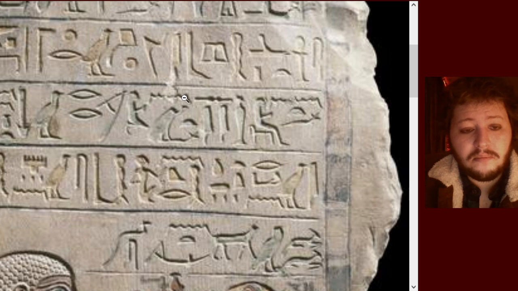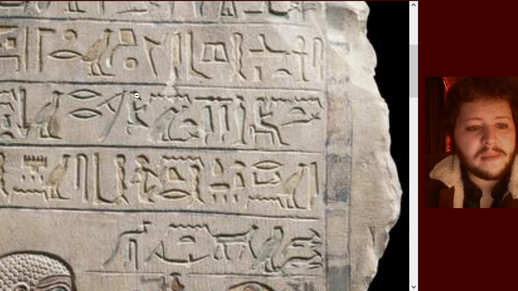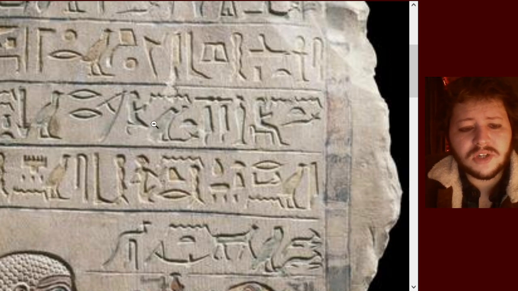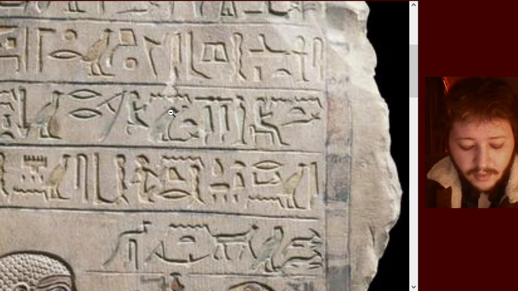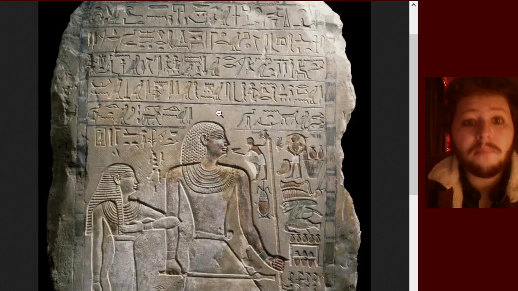Here we have Mitwatif. Mitwat is usually written with a vulture, a T, and sometimes a little quail chick that represents W, and then a woman. She's sitting down, which is interesting. That's usually not how you write woman determiners, but she's sitting down. It's cool. His mother, Miwatif.